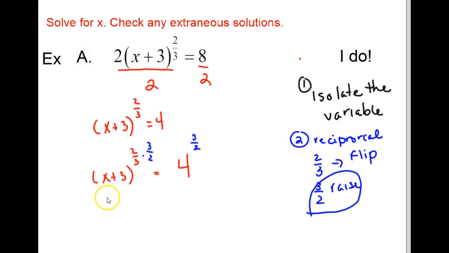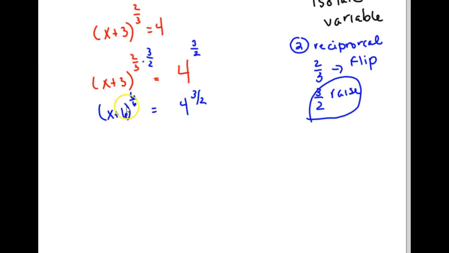Over on this side, I get (x plus 3) to the 6/6, and then I get 4 to the 3/2. Well, (x plus 3) to the 6/6 is just x plus 3, right? I messed that up. X plus 3. And on this side, I've got 4 to the 3/2 power.